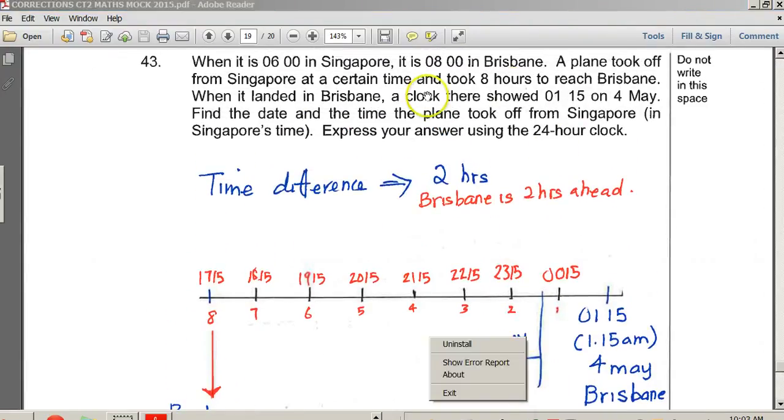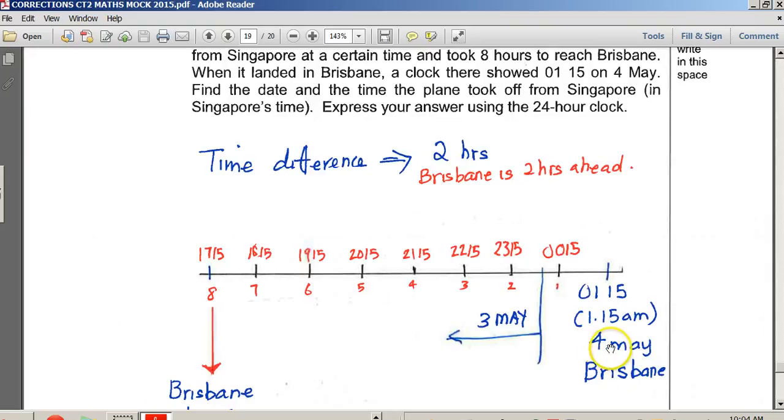When you landed at Brisbane, the clock shows 1:15 a.m., and it is the 4th of May in Brisbane. Now if you move back a few hours from 1:15 a.m., it is already the day before.